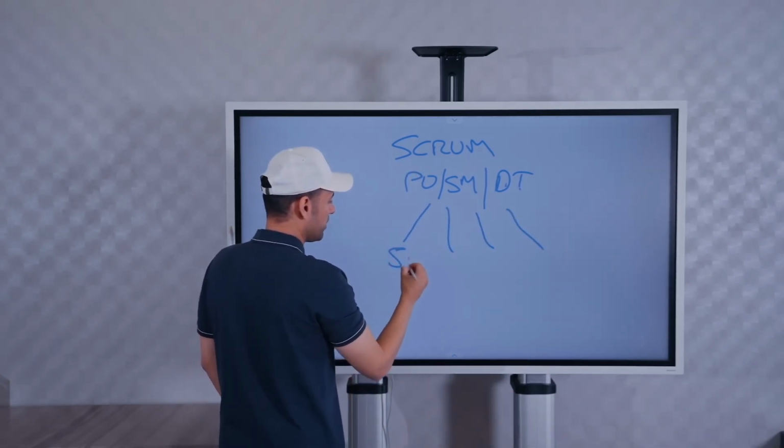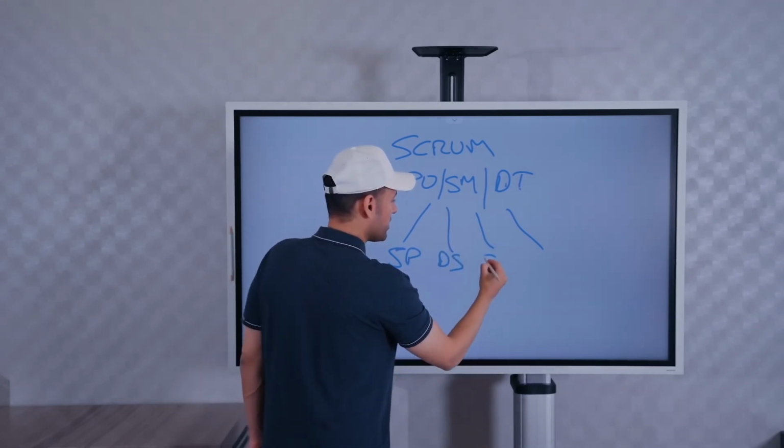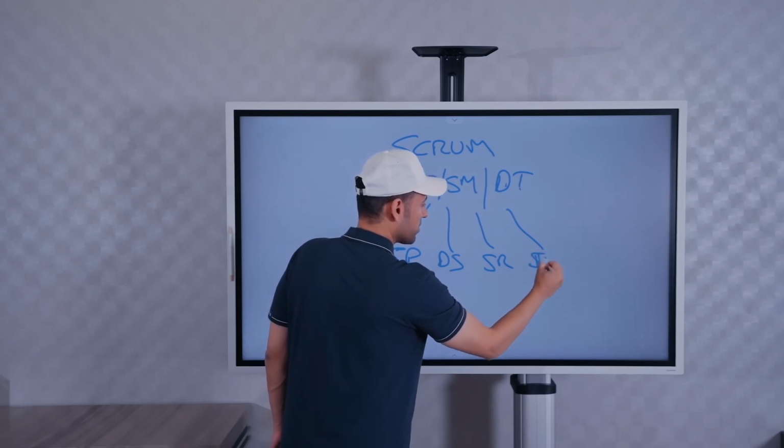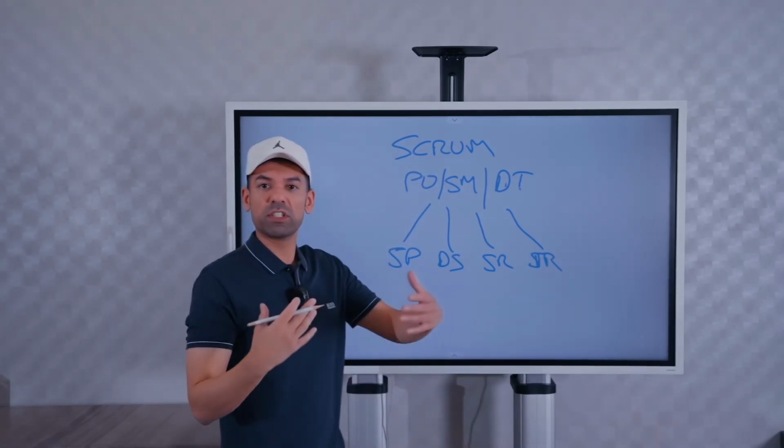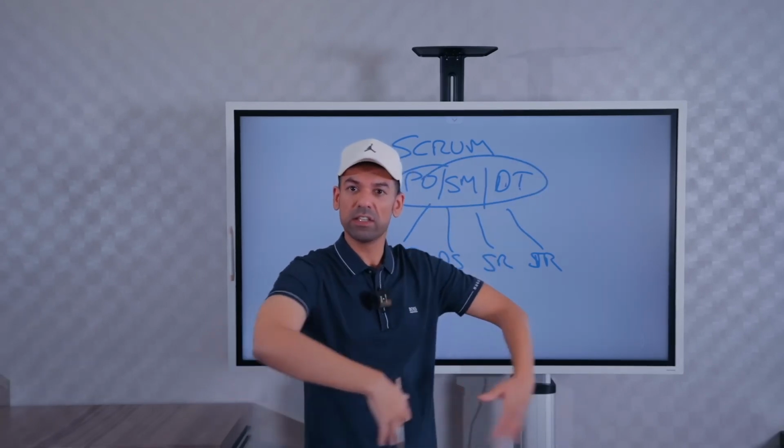You have sprint planning, daily stand-ups, which are happening every day, a sprint review, and a sprint retrospective. And what you're expected to do with this one team is to gain alignment and deliver the project.